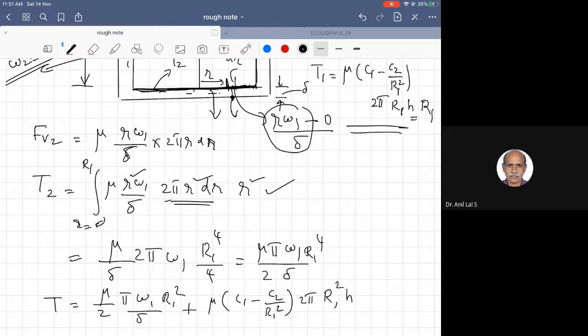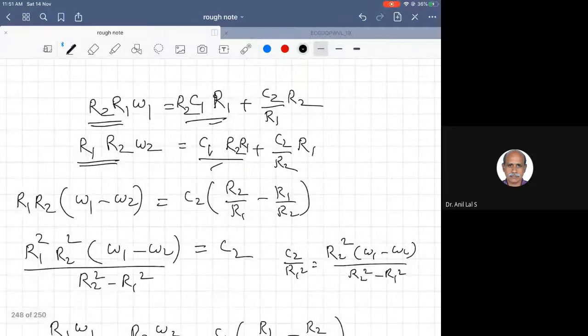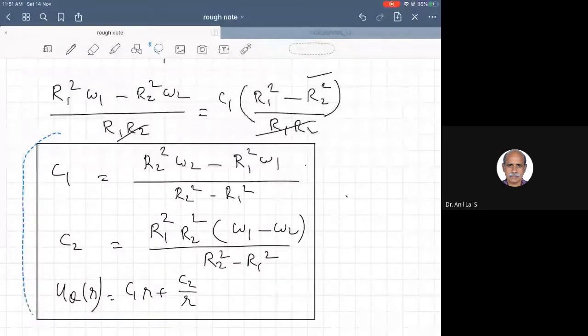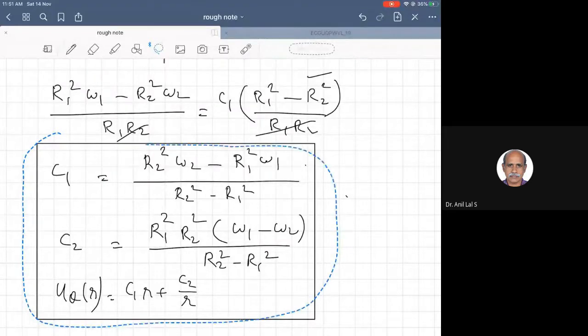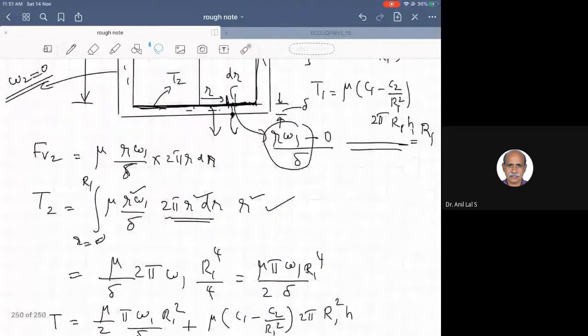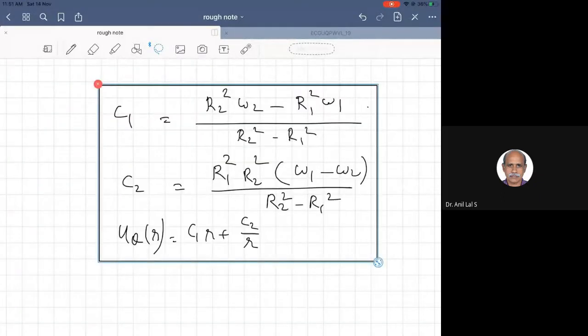And here, if you look at C1 and C2, there is some slight difference from our general derivation. For this particular case, we have seen that omega 2 is equal to 0.